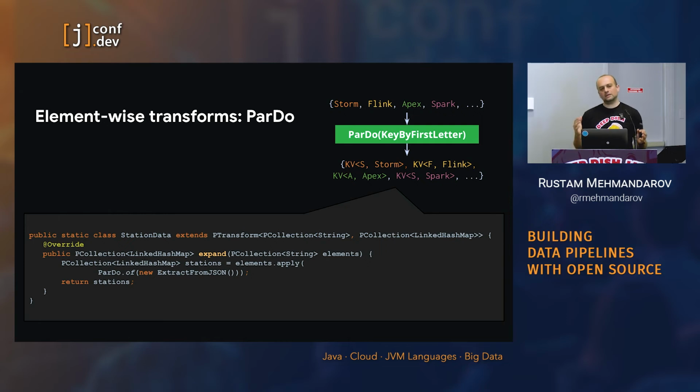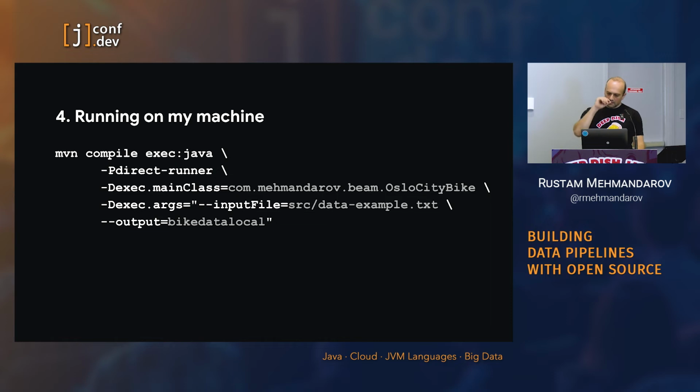So now that I've created a pipeline, I've created options, I need to run it. This is an example. Like I said, this is the Java SDK. You could do it on the other SDKs as well. But here we're using Maven, and you're specifying quite a few things. So you're saying, okay, we're going to execute Java.